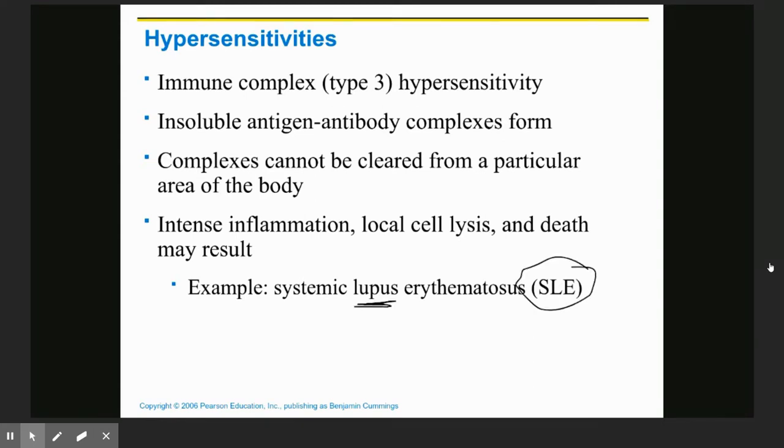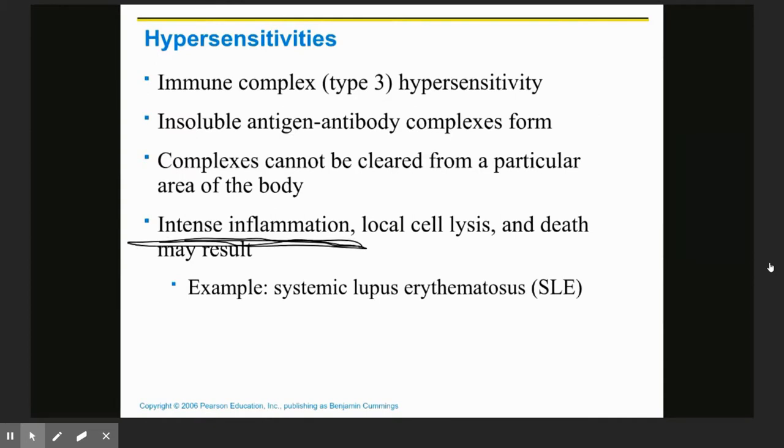And so if you think about lupus, lupus can destroy any tissue because it just depends on where these complexes wind up. And then what happens is you get this very, very intense inflammation of that tissue.